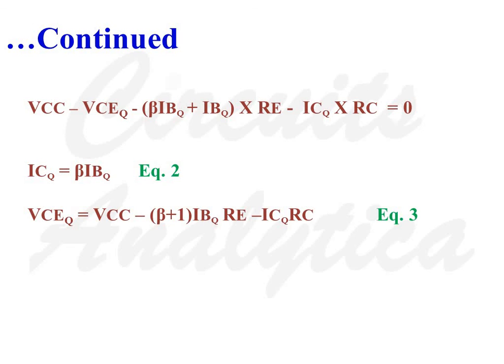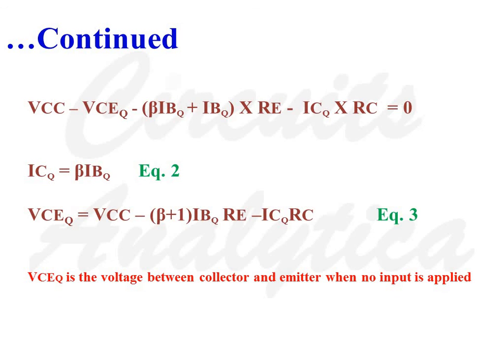Therefore, VCEQ is equal to VCC minus 1 plus beta, into IBQ into RE, minus ICQ into RC. So using equations 1, 2 and 3, we can find the operating point of the transistor. Here VCEQ is the voltage between collector and emitter when no input signal is applied, and ICQ is the collector current when no input signal is applied.